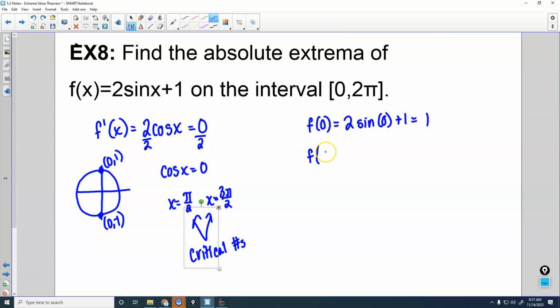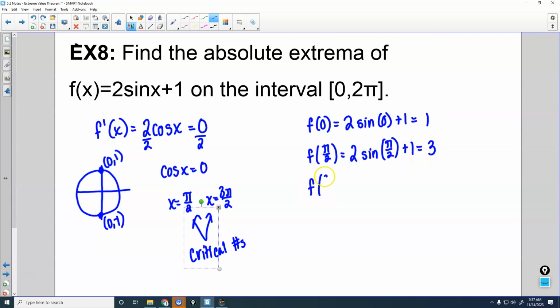We've got f of pi over 2, so we will get 2 sine of pi over 2 plus 1. What is sine of pi over 2? 1. So we've got 2 times 1 plus 1. That's going to give us 3.